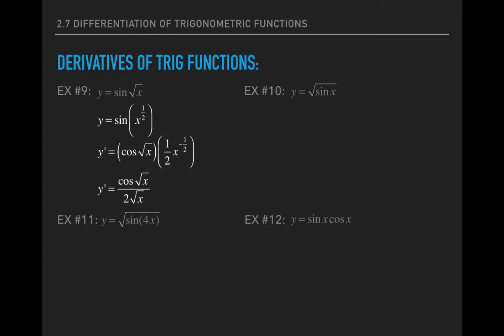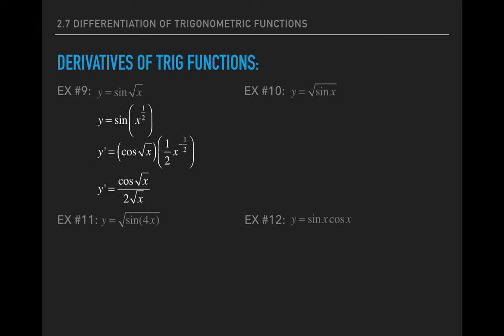Which can be simplified. You would have cosine times the square root of x in the numerator, divided by 2, and then you would remove the negative power for your x. It is in the line above, it's x to the negative 1/2. You would remove that by putting it as a root in your denominator.